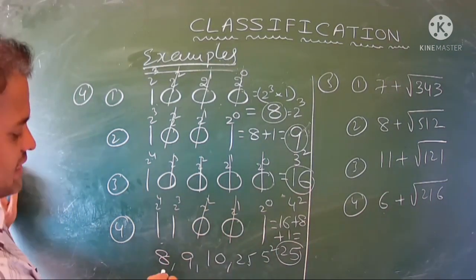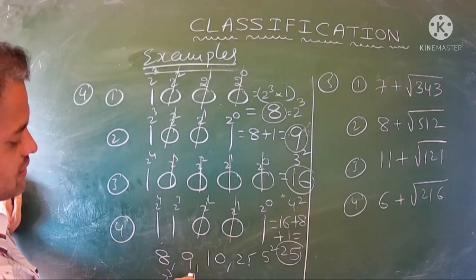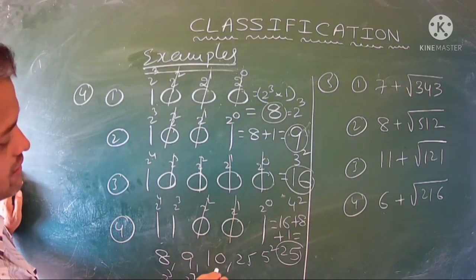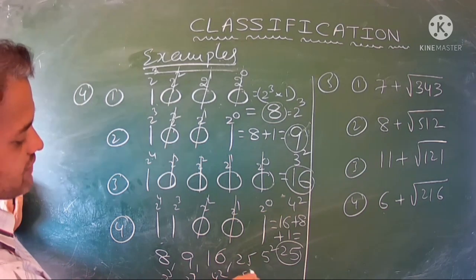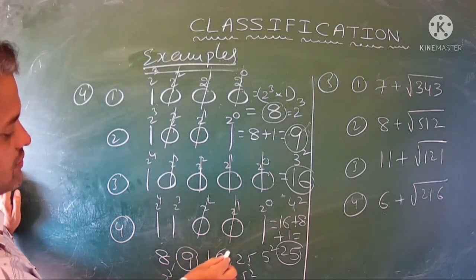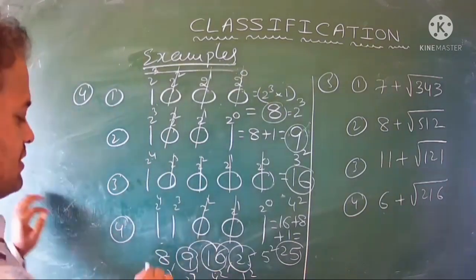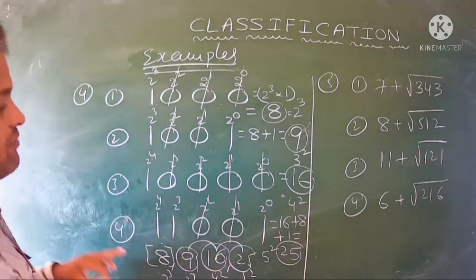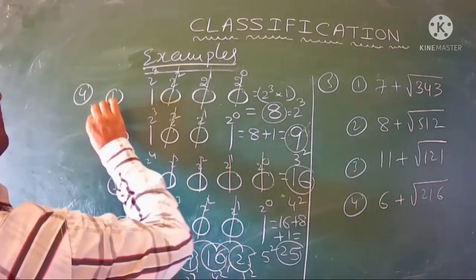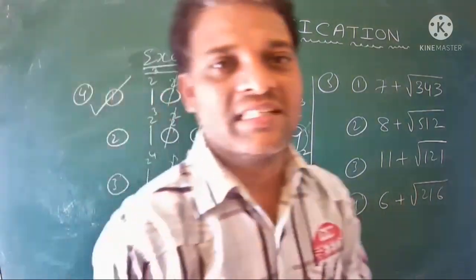So this can be written as 2 cube, 3 square, and next 16 means 4 square, and 5 square. So these 9, 16, 25 are all called perfect squares except 8. 8 is called a perfect cube. So 8, the first one, is the odd one out, children.